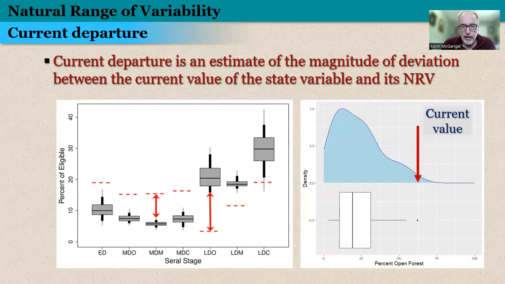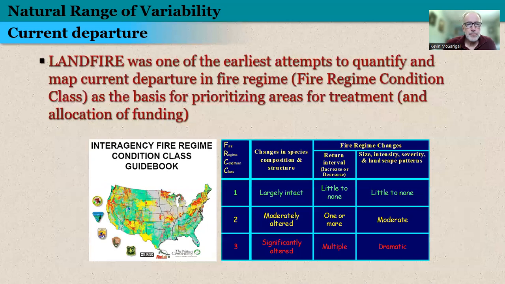Alternatively, that can be depicted as a box and whisker plot as shown in the bottom half of the figure. The current value of the landscape is given as a single value, depicted by the red arrow there. Comparing the red arrow to the NRV distribution, determining how far it is from that distribution or how it's positioned relative to that distribution, is how we assess departure when the variable is continuous, as in this case.